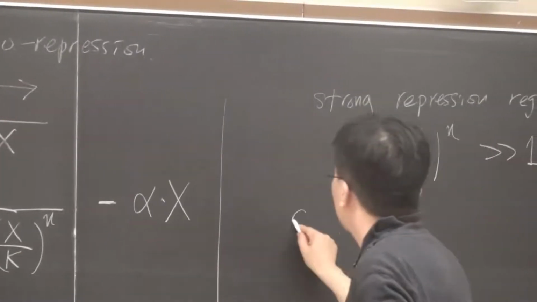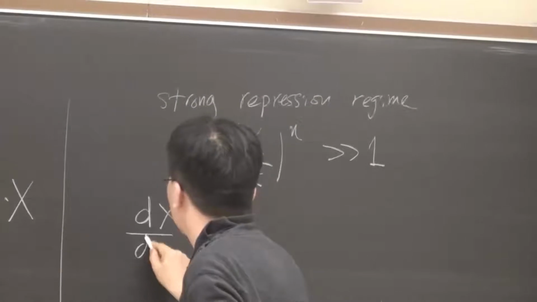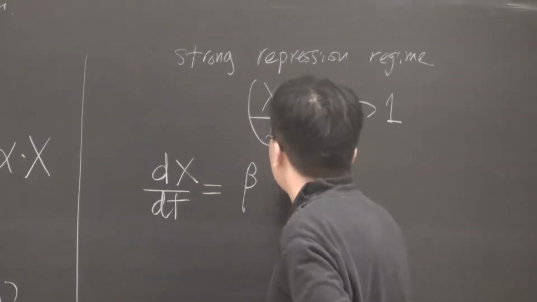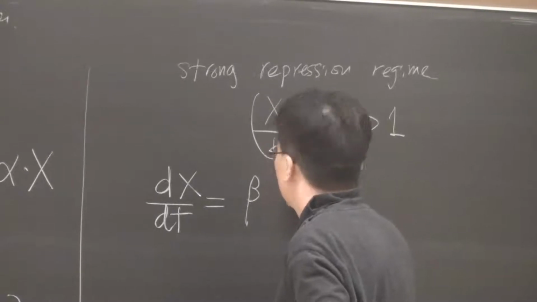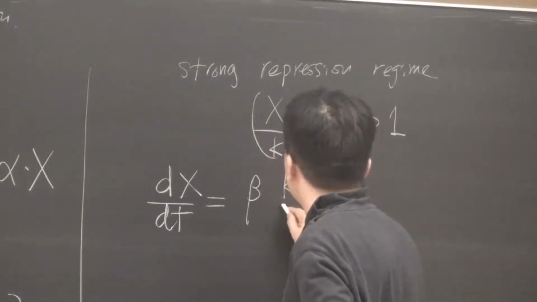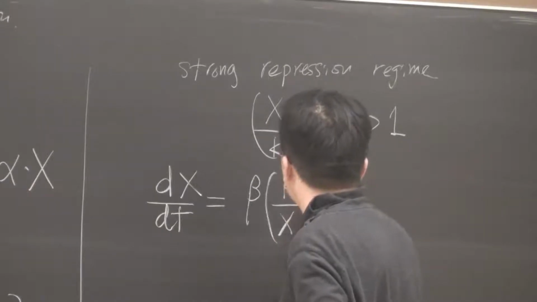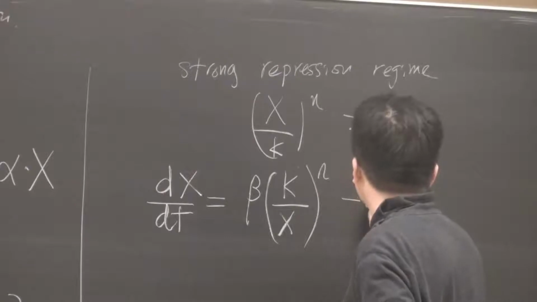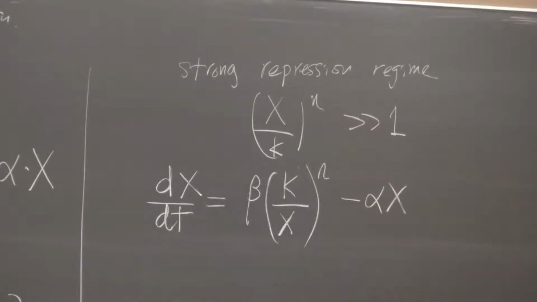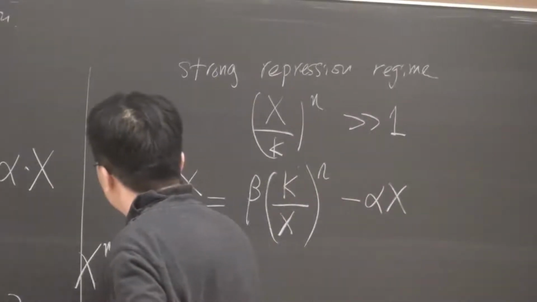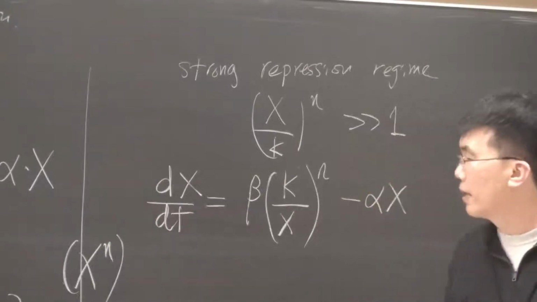Then we can rewrite this equation as, and I'm going to multiply everything by this. Multiply everything by this.